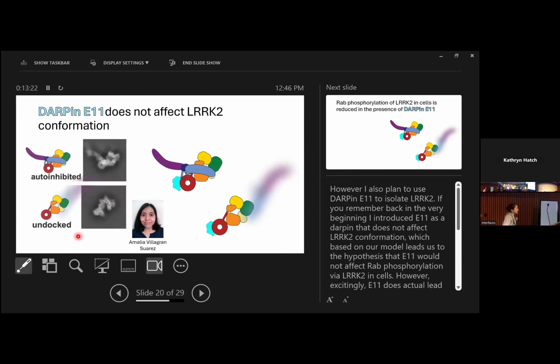But going back to DARPin E11, based on cryo-EM data, we saw no real difference in undocked versus docked behavior of that arm. So you saw both this more auto-inhibited, full-length structure on the grid, as well as the undocked RCKW version of LRRK2 on a grid.